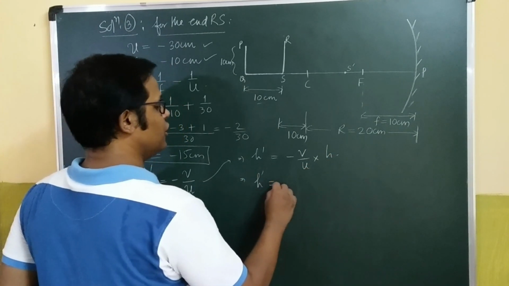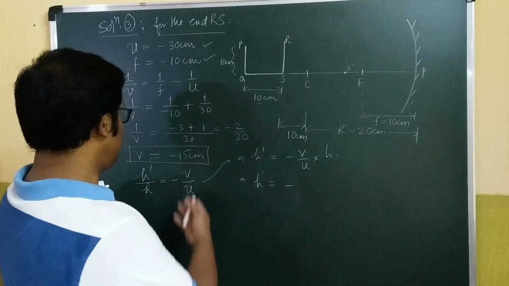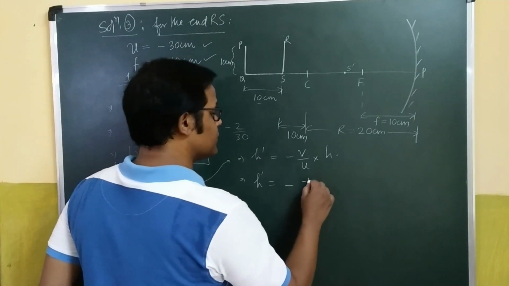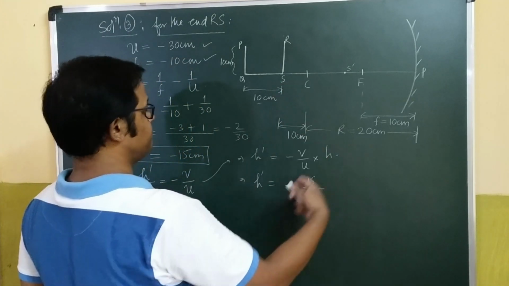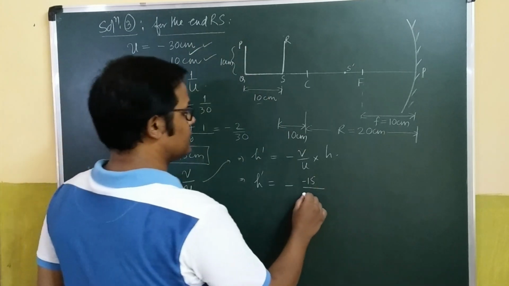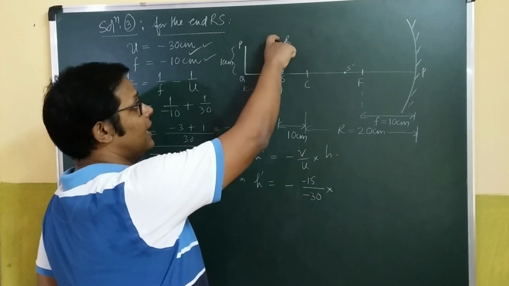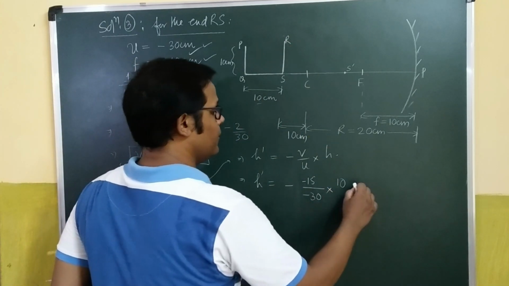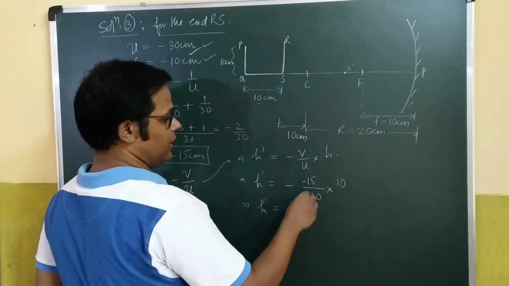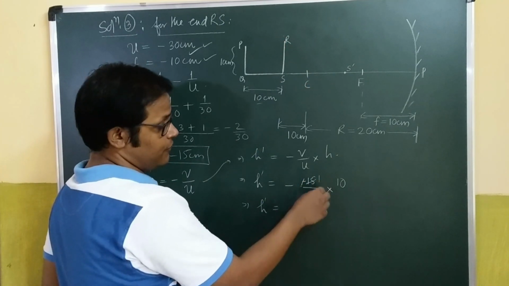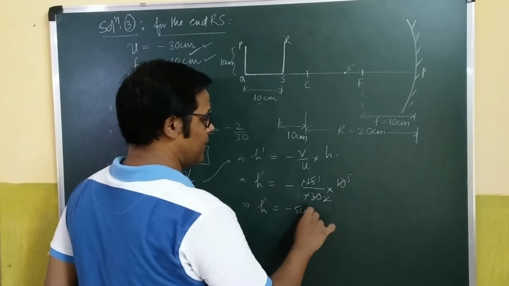Where is the v here? The image distance, we got minus 15. u for this is minus 30. And the height of this RS is equal to 10. So I lose these minus signs, 15 ones are 15, and 15 twos are 30, and this is 5. So you are going to get minus 5 centimeters.